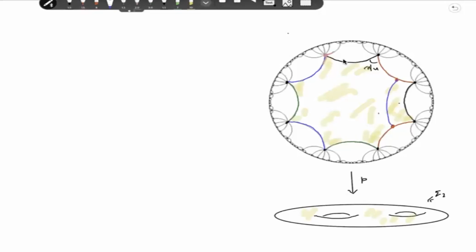These two points, P and Q, will be identified to a single point in this surface Sigma 2. In the hyperbolic plane, this is in fact a geodesic.